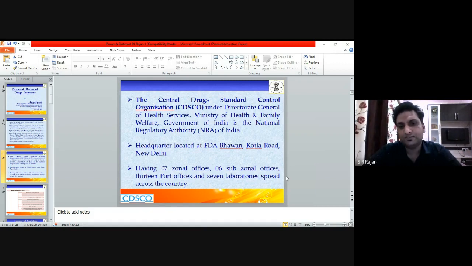It has 7 zonal offices: North Zone in Ghaziabad, East Zone in Kolkata, West Zone in Mumbai, South Zone in Chennai, Zonal Office Hyderabad, Zonal Office Ahmedabad, and now Baddi has also been upgraded to a Zonal Office, the new one in the last week only. It has 6 sub-zonal offices like Jammu, Banaras, Indore, Goa, Guwahati, and it also has 7 laboratories spread across the country to test all the drug samples sent by the drug inspector to the government analyst for testing.